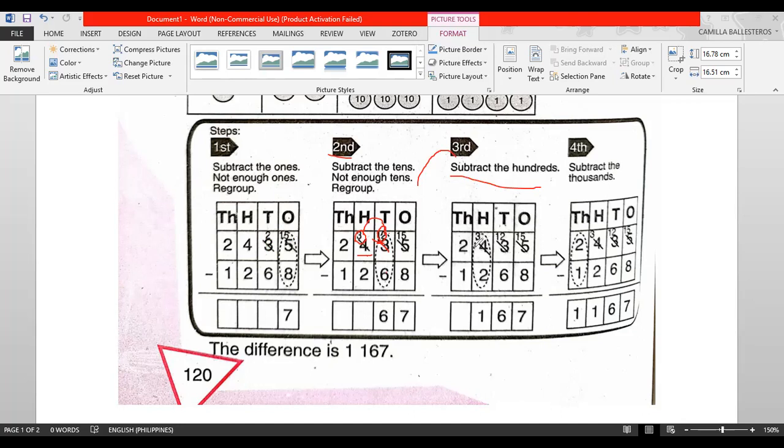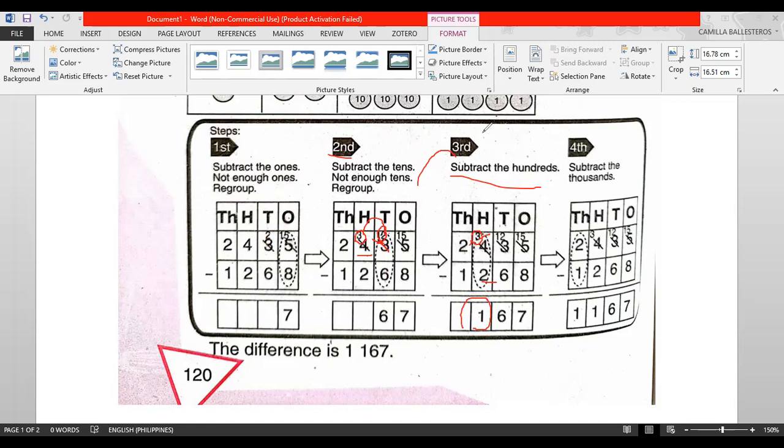Now, look at this one. Again, 3 borrowed from 4, right? So 4 becomes 3. We're going to subtract 3 minus 2. Can we subtract? Yes. 3 minus 2 is 1.